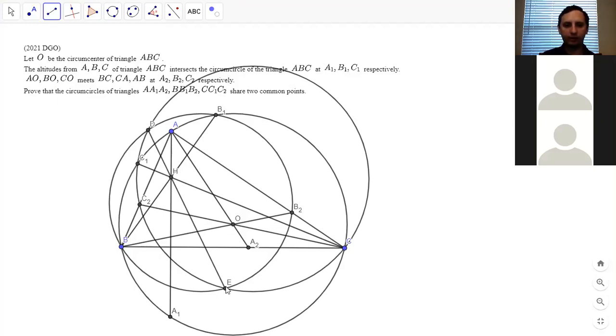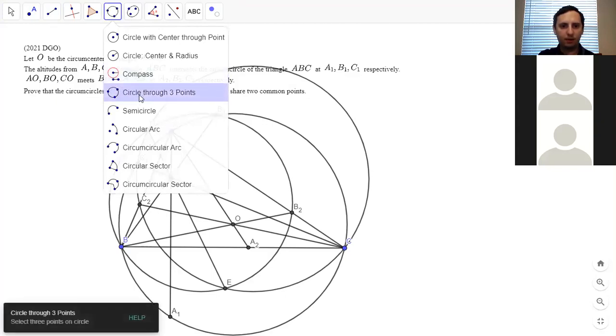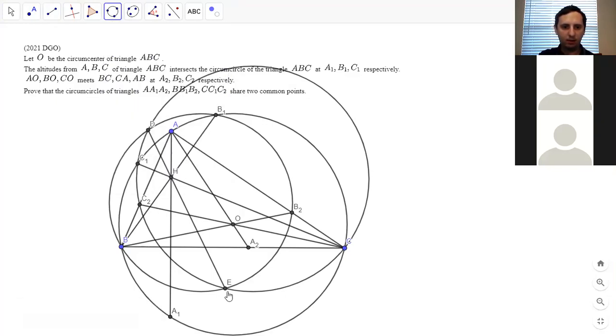And then we need to show that B, E, A1, A2 is cyclic. Or D, E, like all 5 of those points lie on a circle, basically. So we just need to really show it for one of them. So B, A, A2, A1 is cyclic.